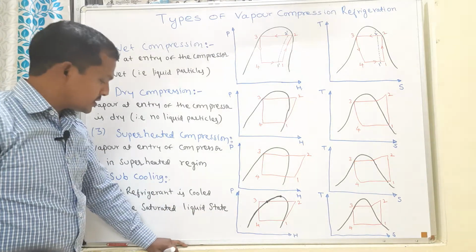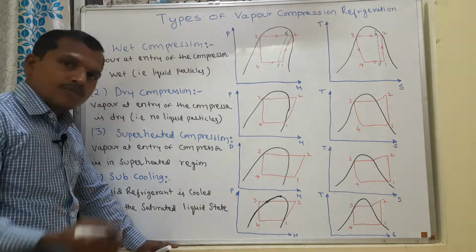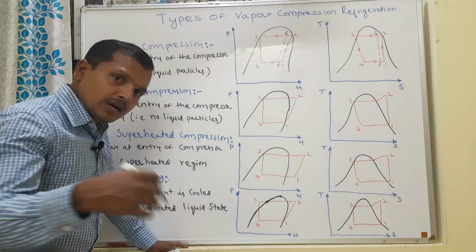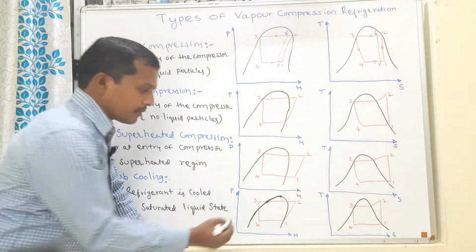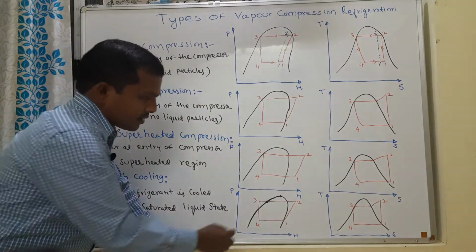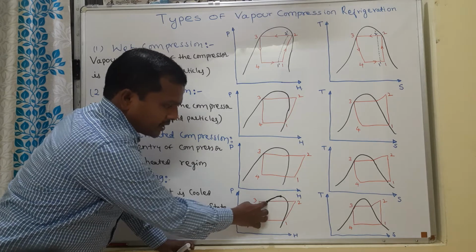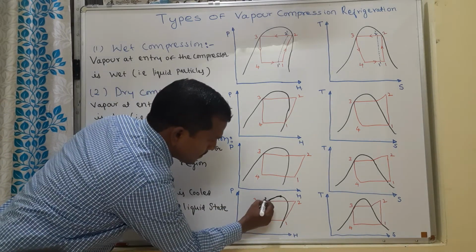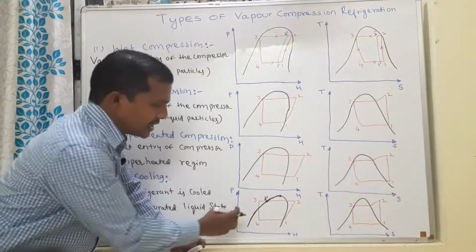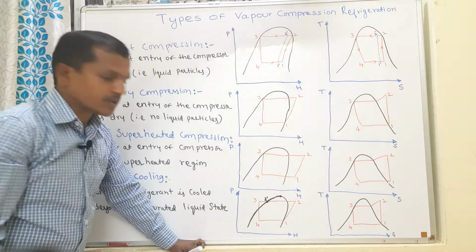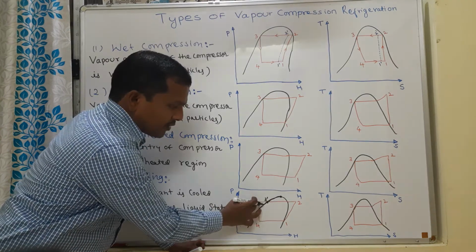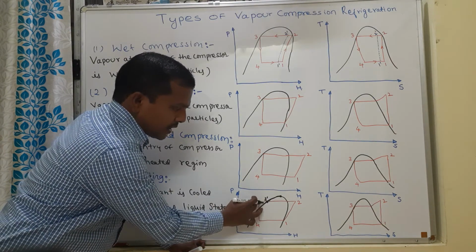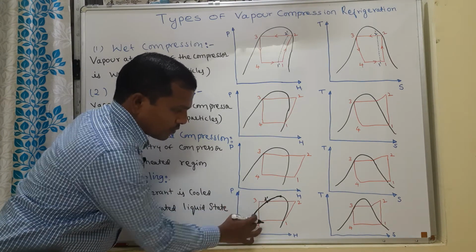So the cooling of that liquid is beyond that point. That's why the line comes from point 3 dash to 3, 3 dash to 3. So this point moves 3 to 4.